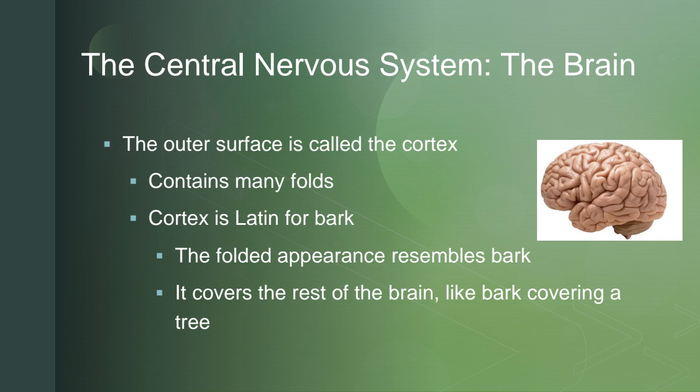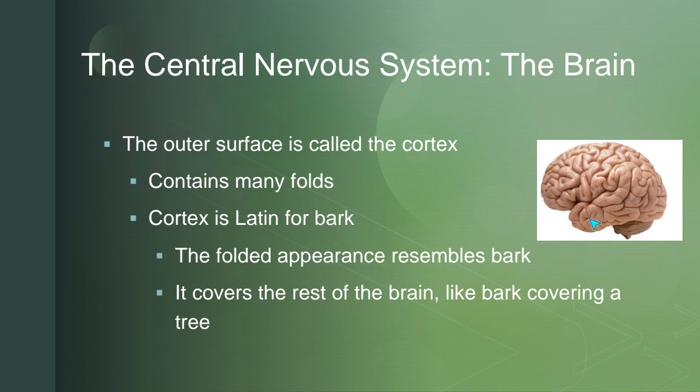So the most conspicuous outer feature of the brain consists of this crinkled tissue that we probably think of when we think of the brain. This is the outer surface, and this is called the cortex. The word cortex comes from the Latin word for bark.